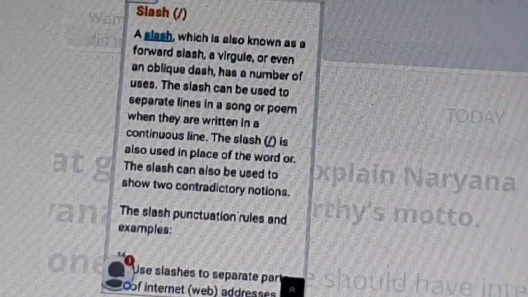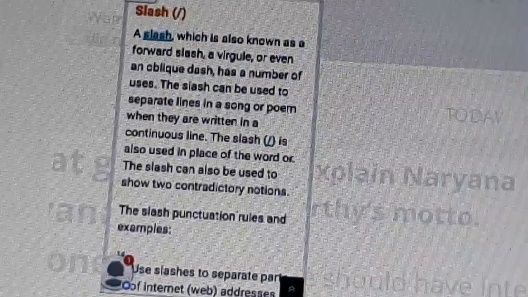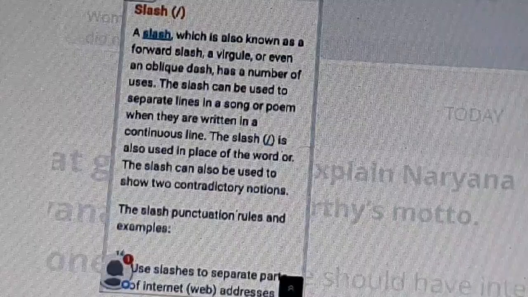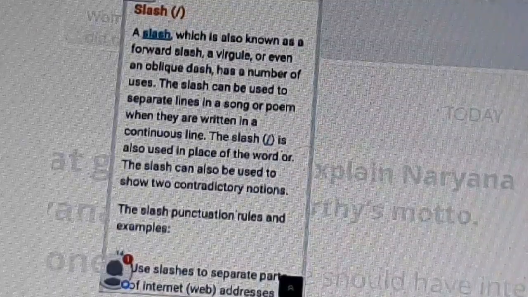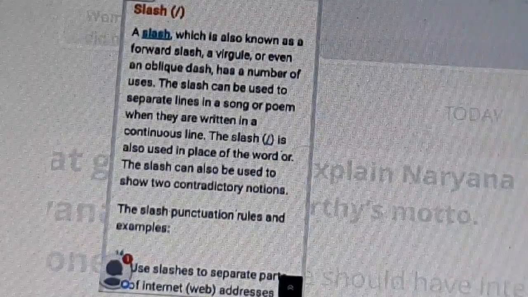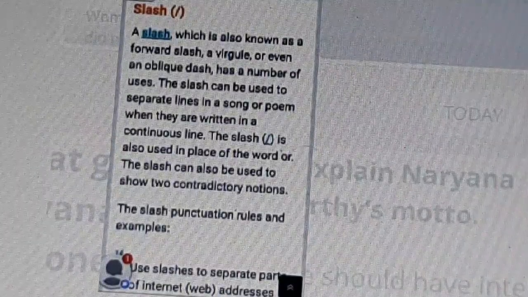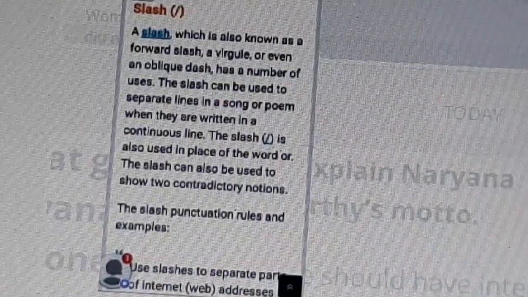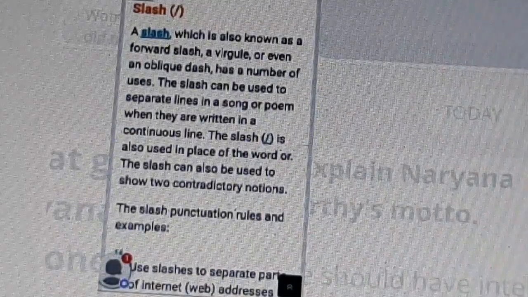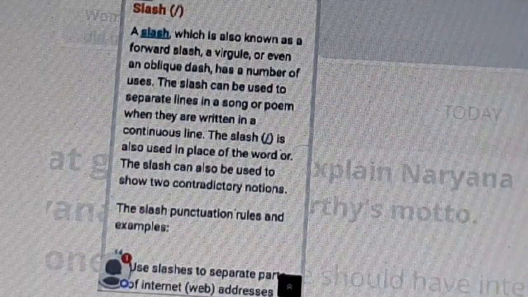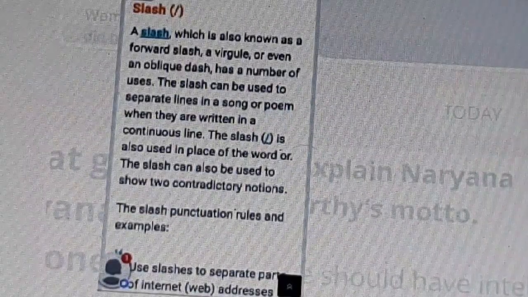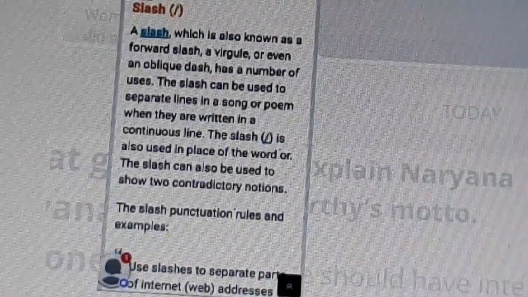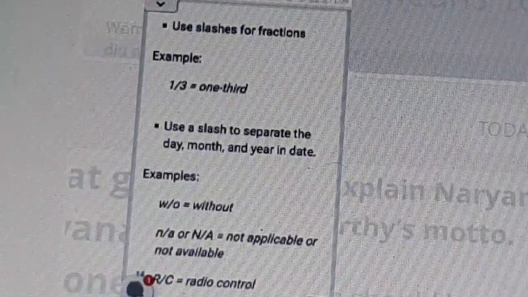Slash. A slash, which is also known as a forward slash or even an oblique dash, has a number of uses. The slash can be used to separate lines in a song or poem when they are written in a continuous line. The slash is also used in place of the word or. The slash can also be used to show two contradictory notions.